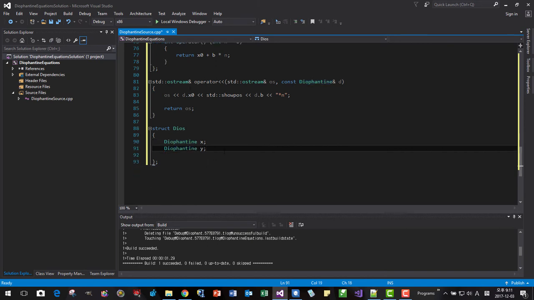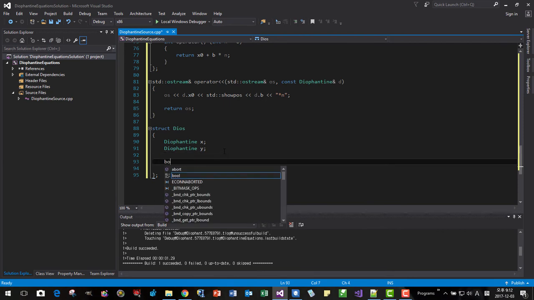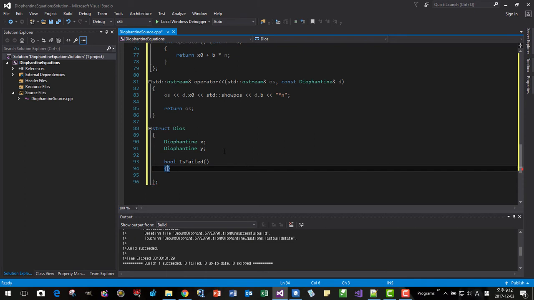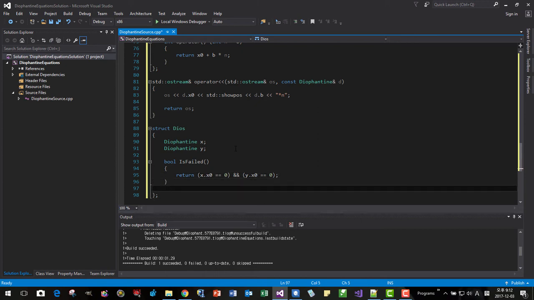So here I say bool is failed, meaning our solution failed. Then I will return like this. If x0 equals 0 and y.x0 equals 0, then its solution failed. Okay, so you can test like this.